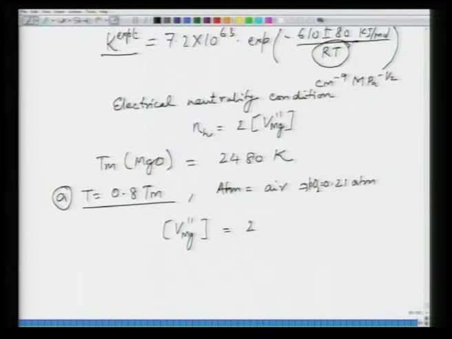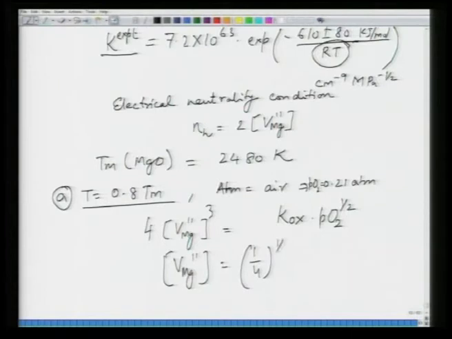So, when you make these substitutions, I write 4 Vmg cube is equal to Kox multiplied by Po to the power half, which means Vmg is equal to 1 by 4 to the power 1 by 3 into Kox to the power 1 by 3 Po to the power 1 by 6.